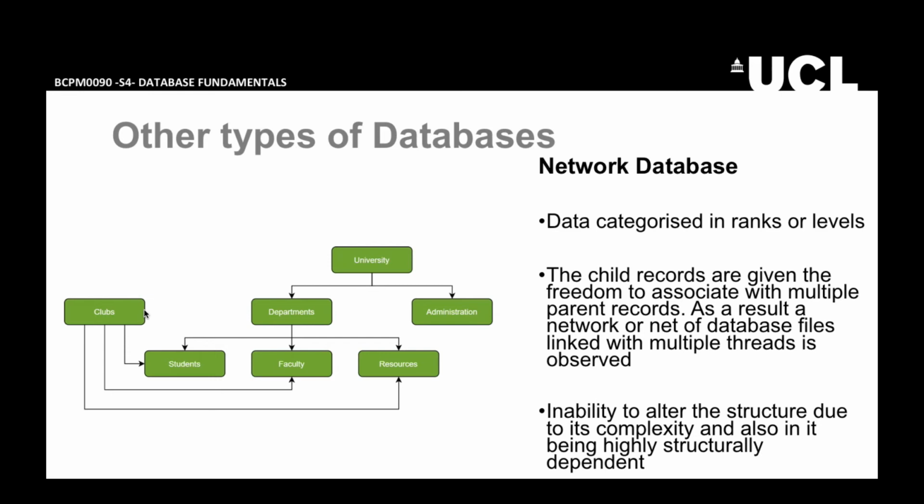So as a result, a net of database files linked with multiple threads is observed in this type of database. The main problem of this database is if we want to change the structure, because the complexity is quite high, and this makes these kinds of databases structurally dependent.